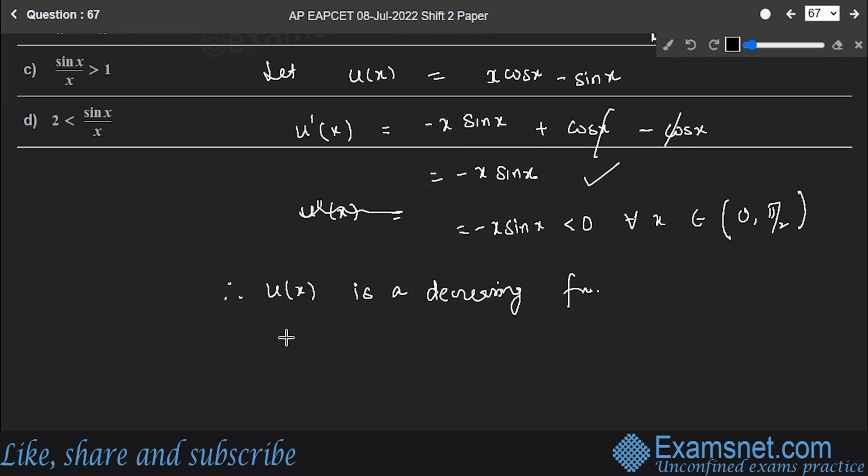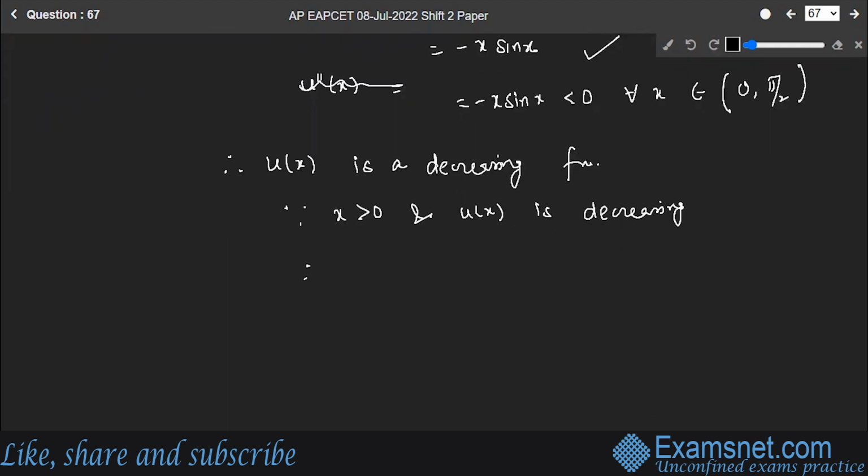Why? Because x is greater than 0 and u(x) is decreasing, therefore u(x) is less than u(0), which is equal to 0. Thus, the first derivative is less than 0. Therefore, f(x) is a decreasing function.